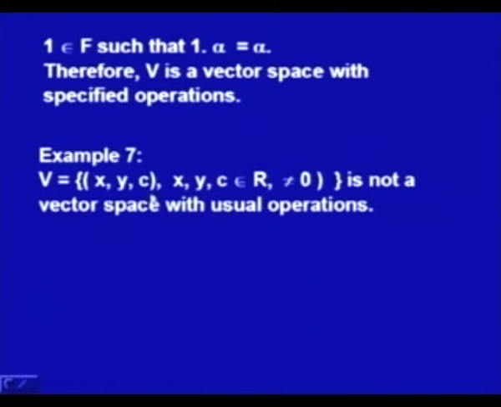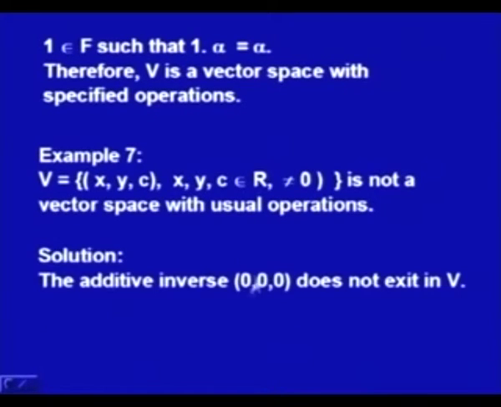But if we slightly modify this set V as x, y, c, where c belongs to R but c is not 0, then it is not a vector space with usual operations. So, you make a slight change in this and it will not be a vector space, because the additive identity 0 comma 0 comma 0 does not exist in V. So, this is one property which says that V is not a vector space.